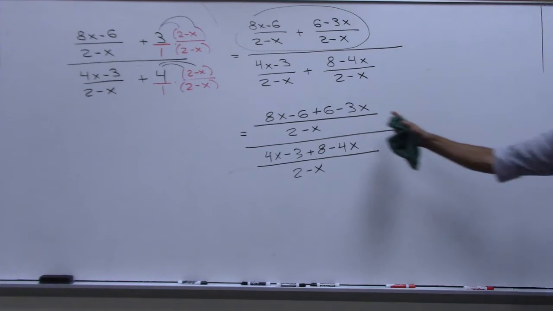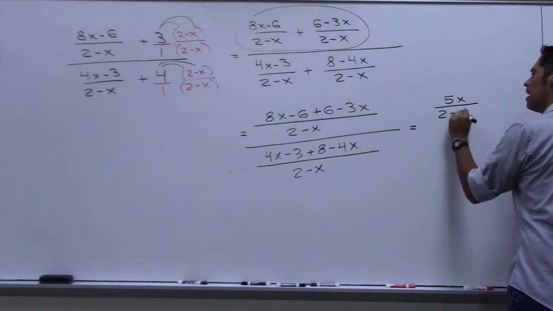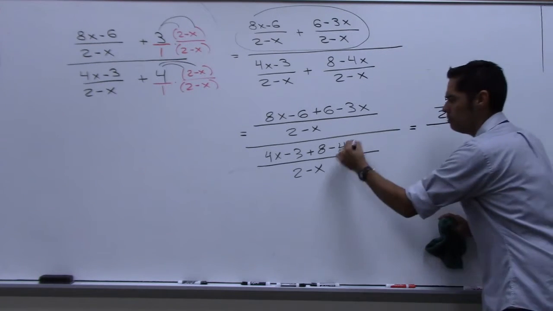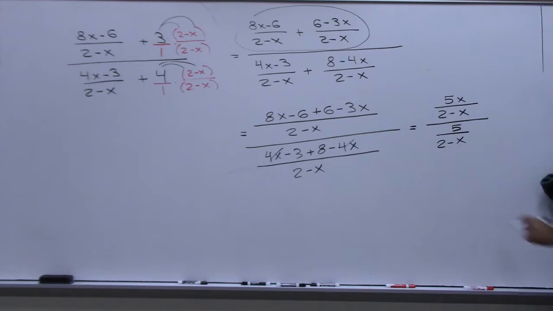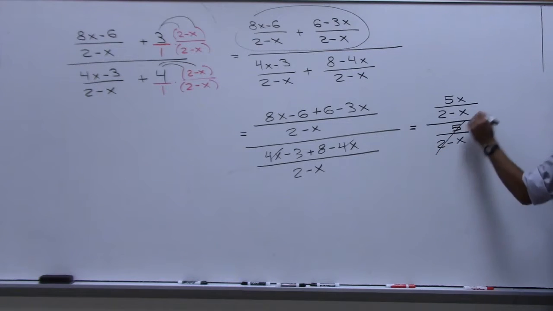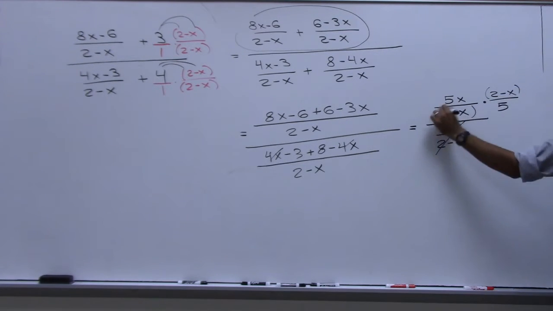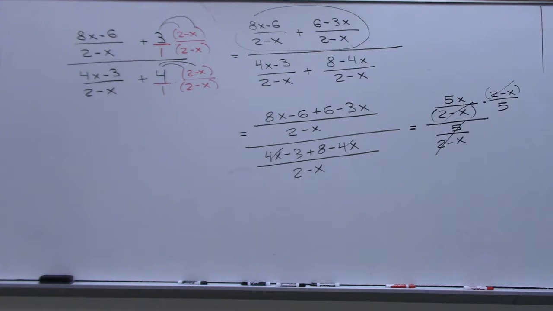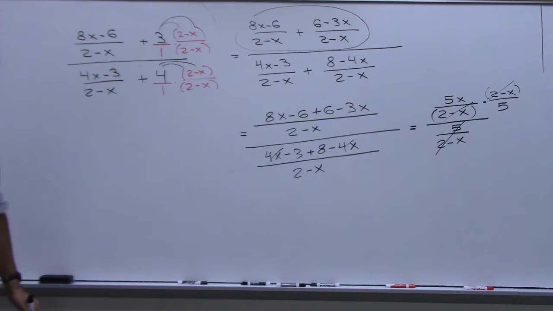So the top here is 5x over 2 minus x, and the bottom is 5 over 2 minus x. And when you have a fraction divided by a fraction, it's the same as multiplication by the flipped reciprocal. So I can say, forget the division, make this multiplication of the reciprocal of this, so 2 minus x on top and 5 on the bottom. And what happens is these two factors cancel. And you also have 5x over 5 left, which is x.